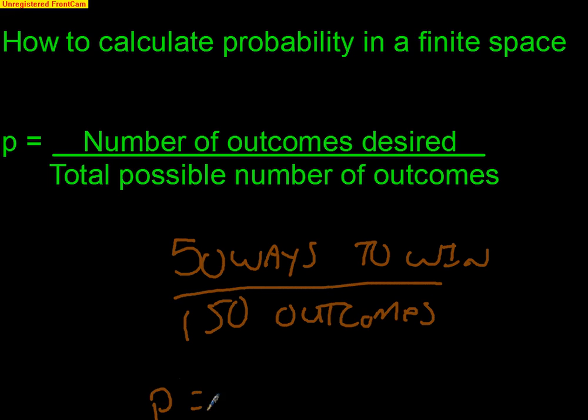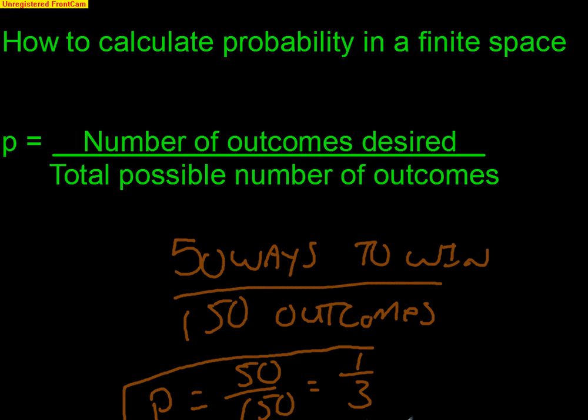The probability then is 50 over 150, or 1 over 3. You can express it either as a fraction or as a decimal. It doesn't matter. If it's a decimal, express it to 2 decimal places. That's enough accuracy.